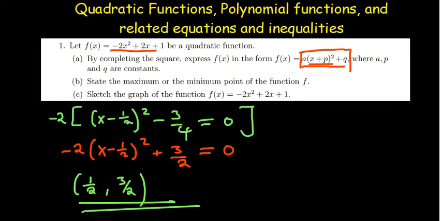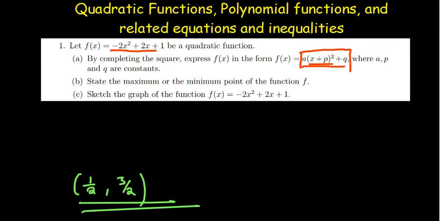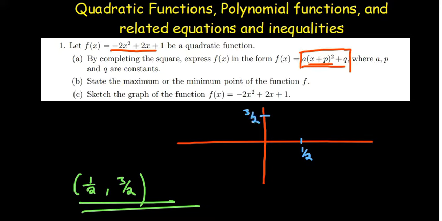Now the y-intercept is already part of the function. Our turning point is 1 over 2, comma, 3 over 2. So let's say somewhere there.